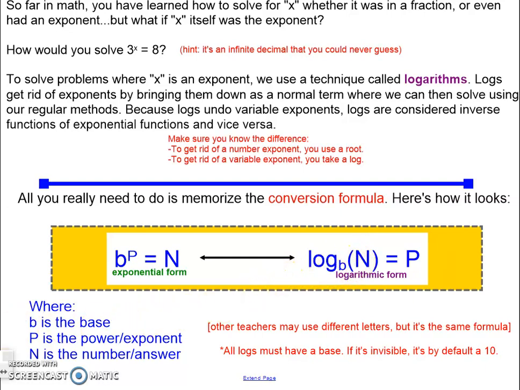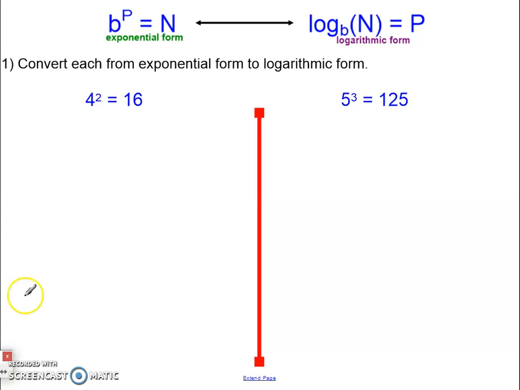So let's practice. In this first set, we're taking these exponential equations and writing them into their logarithmic form. So they're exponential, so let's establish who is who. Our base is 4, the power is 2, and our number or our answer is 16.